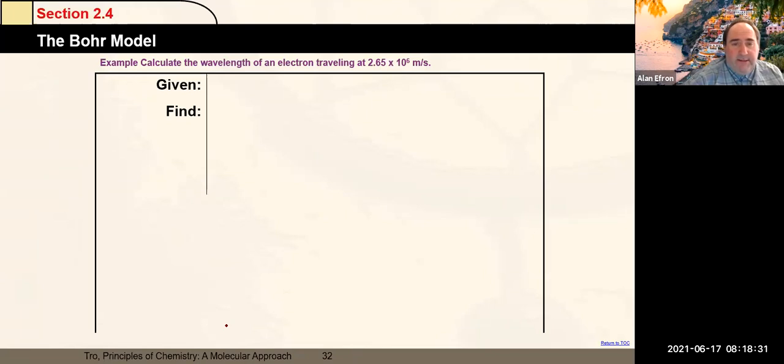An electron is traveling at 2.65 times 10 to the 6 meters per second. What is the de Broglie wavelength here in meters? The mass of an electron is 9.09 times 10 to the minus 28 grams, right? So take a couple of minutes here and see what you come up with.